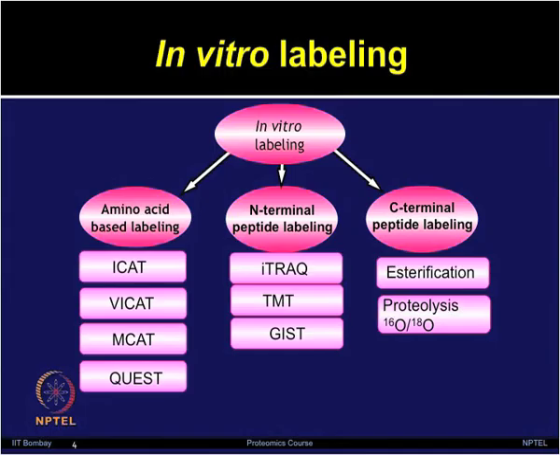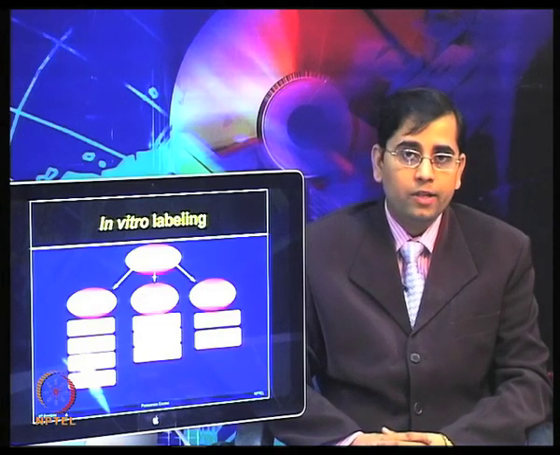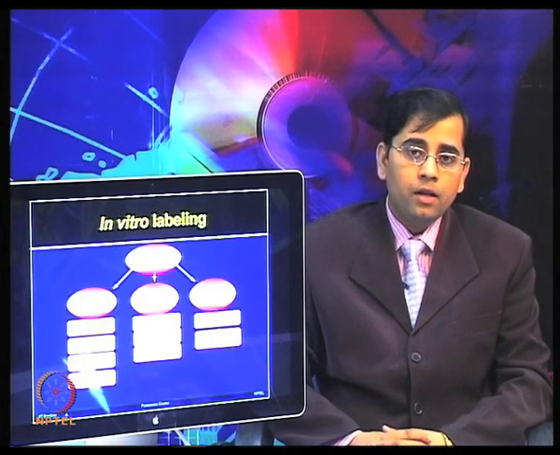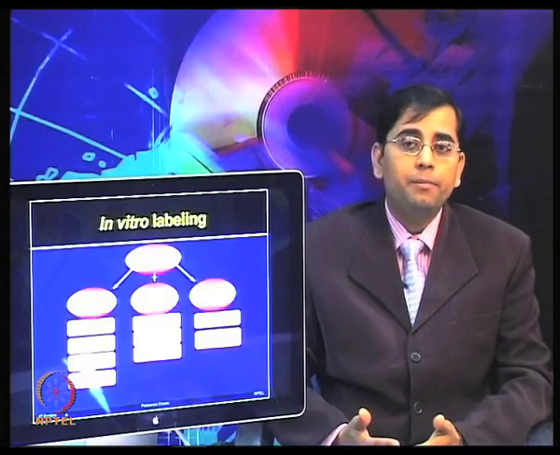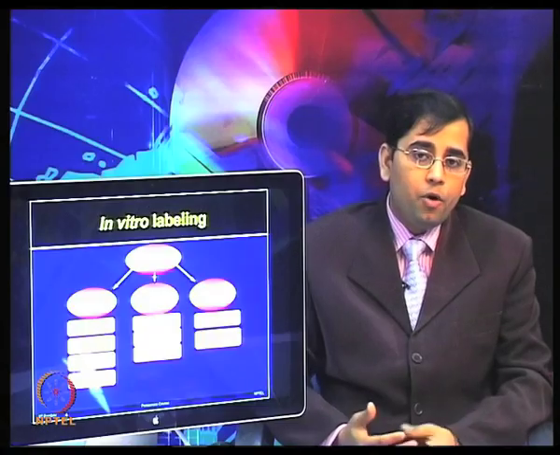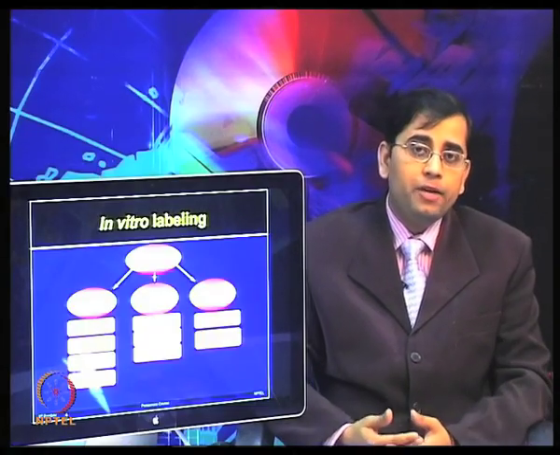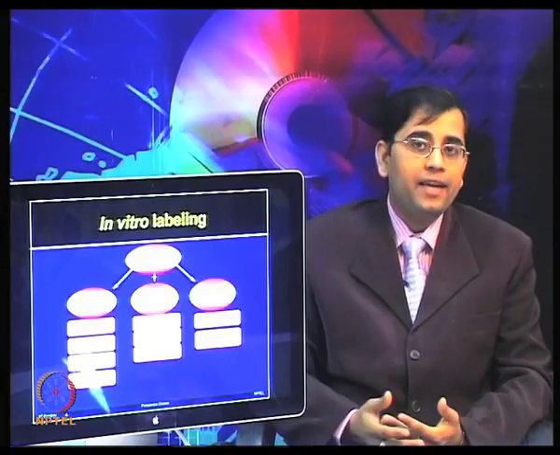Then there are C-terminal based peptide labeling methods, such as esterification and proteolysis using 16 or 18 oxygen, using different light and heavy forms of oxygen. So, there are a variety of in vitro labeling based approaches available, and depending upon your quantitative application, there is the possibility of using different types of tagging strategies.